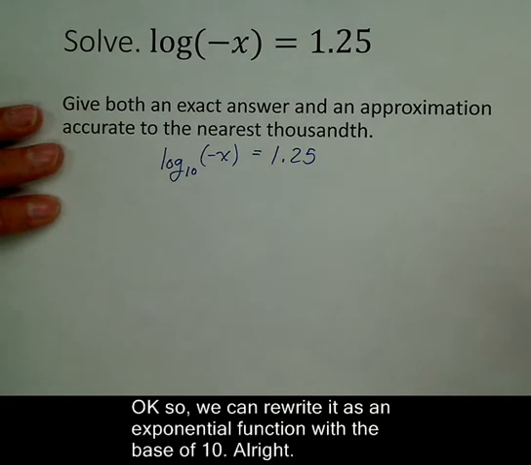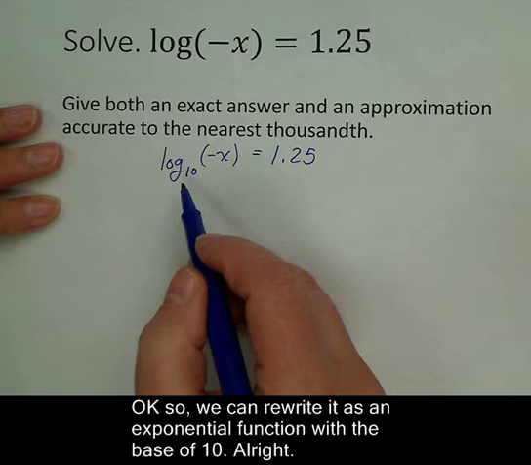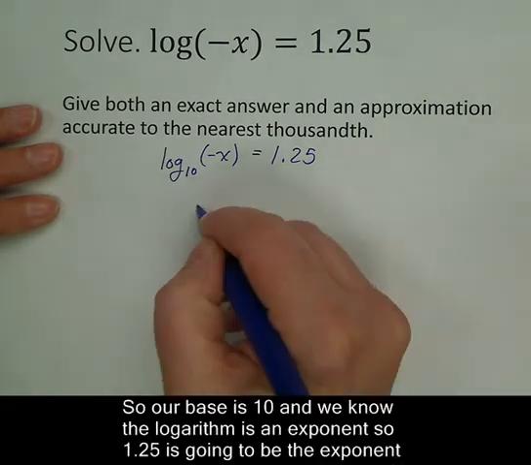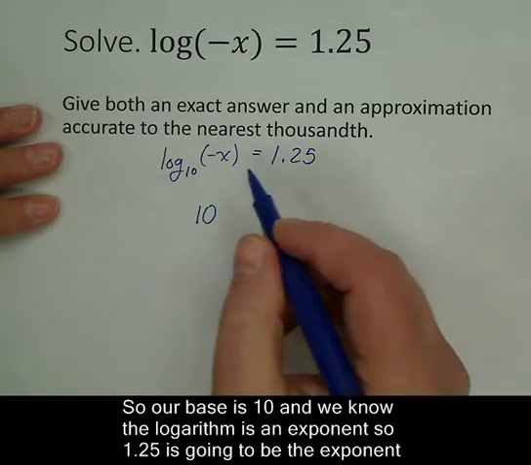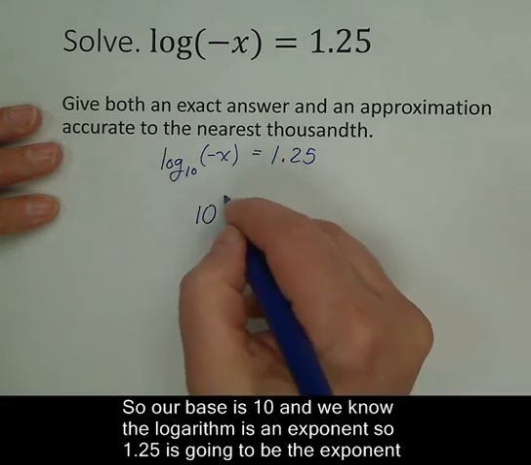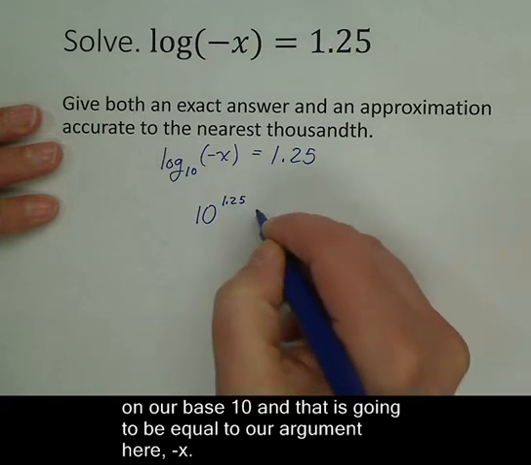Okay, so we can rewrite it as an exponential function with the base of 10. All right, so our base is 10. And we know that the logarithm is an exponent, so 1.25 is going to be the exponent on our base 10.